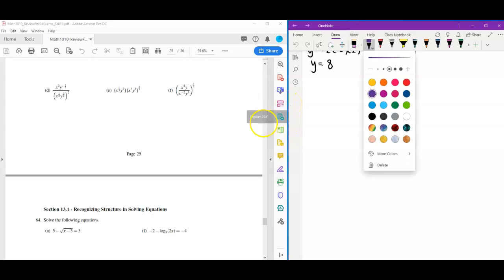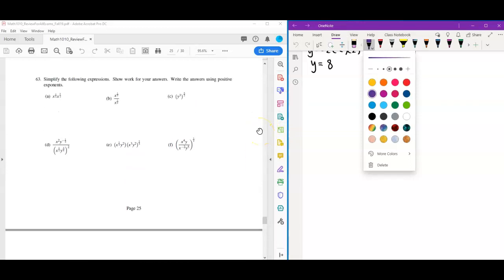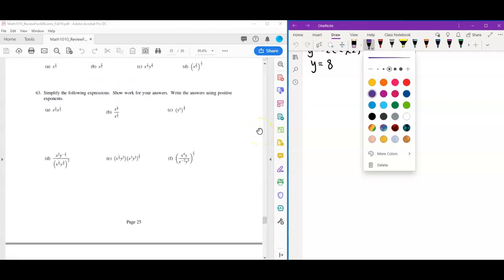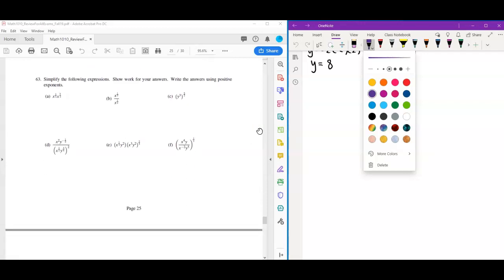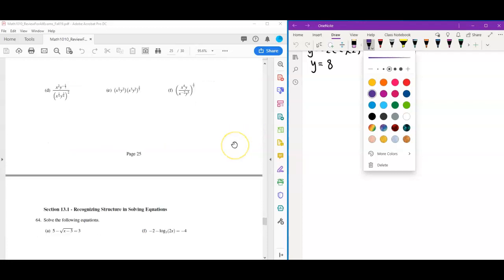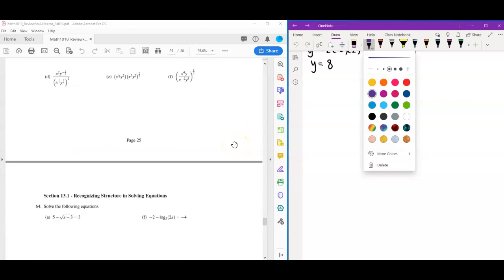So again, if we're looking at some of these things, let's look at part D on this one.